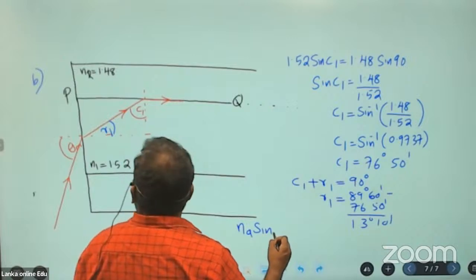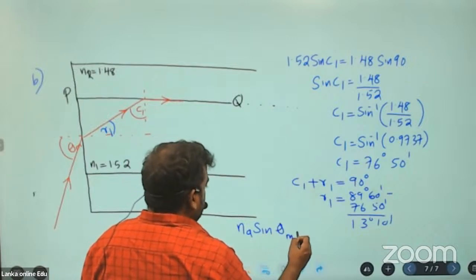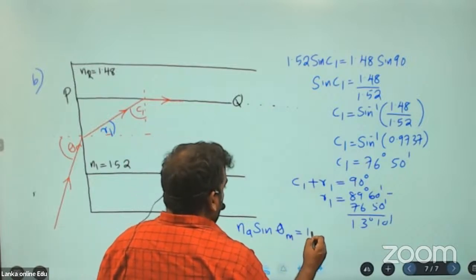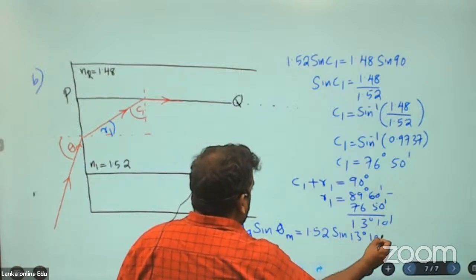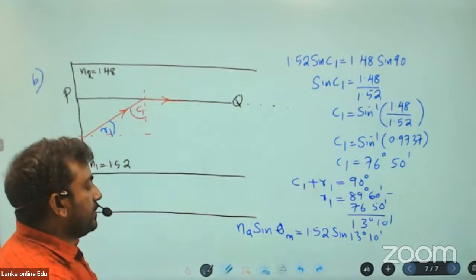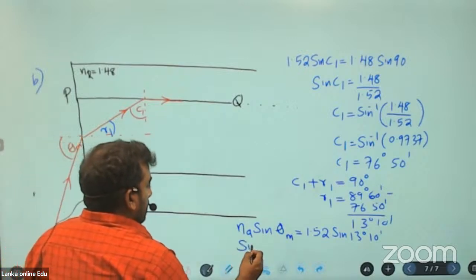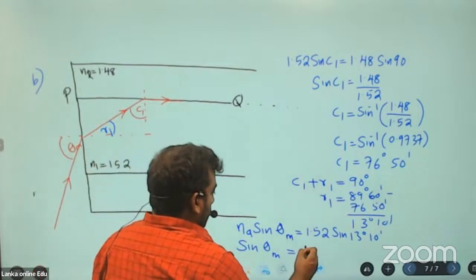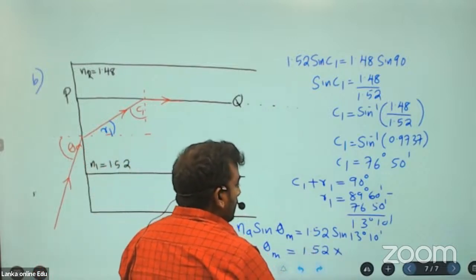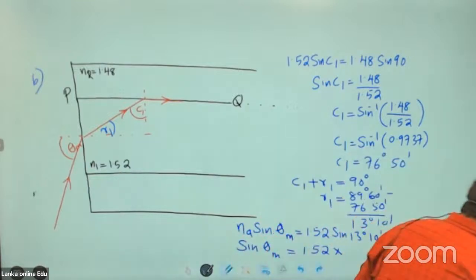NA sine theta max is 1.52 sine 13 degrees 10 minutes.